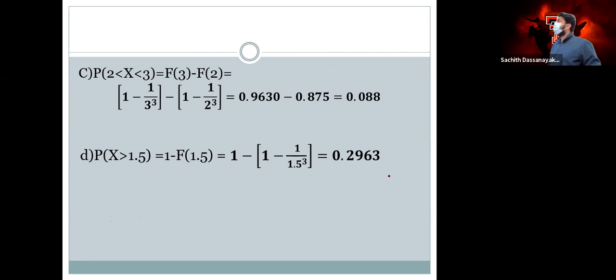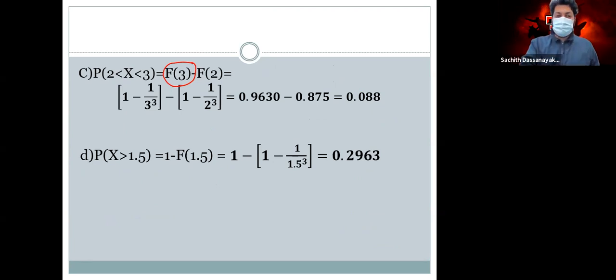Within a range, it is easy, say 2 and 3. So F(3) minus F(2), and you can get the value. But if you need to find the other one, you have to do some calculations, but it is easy. Already you have found your CDF.